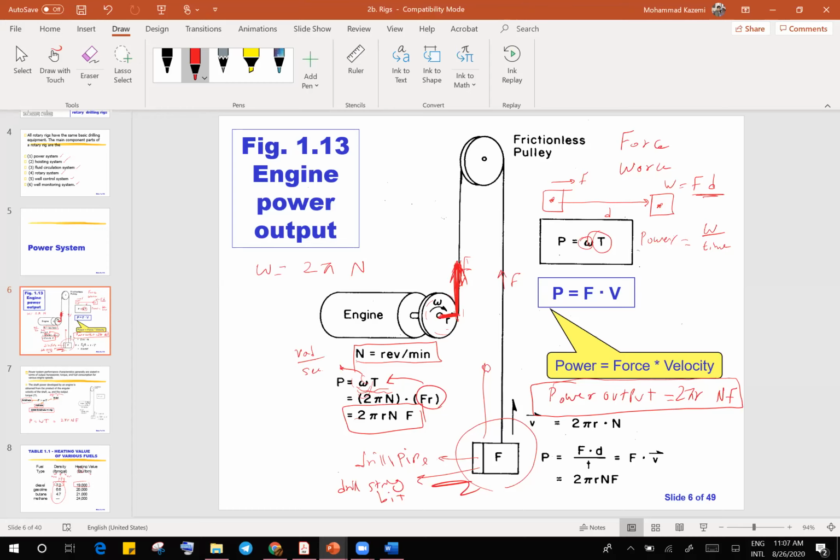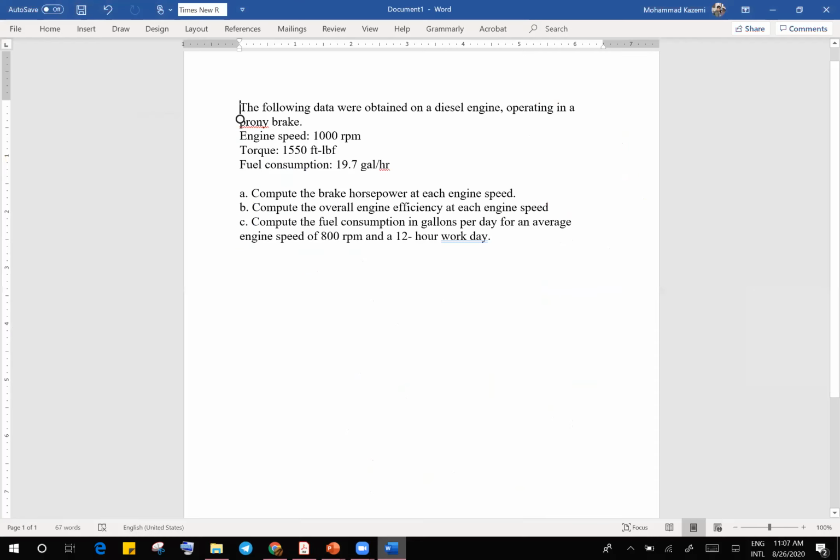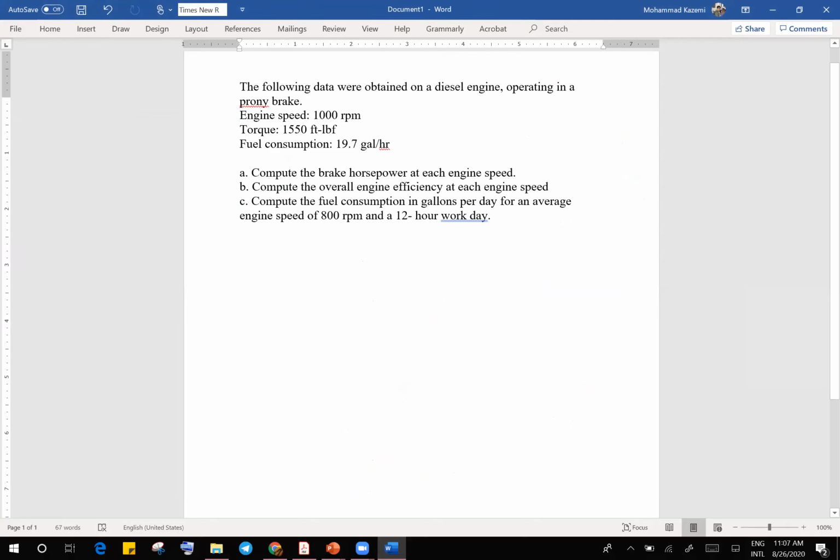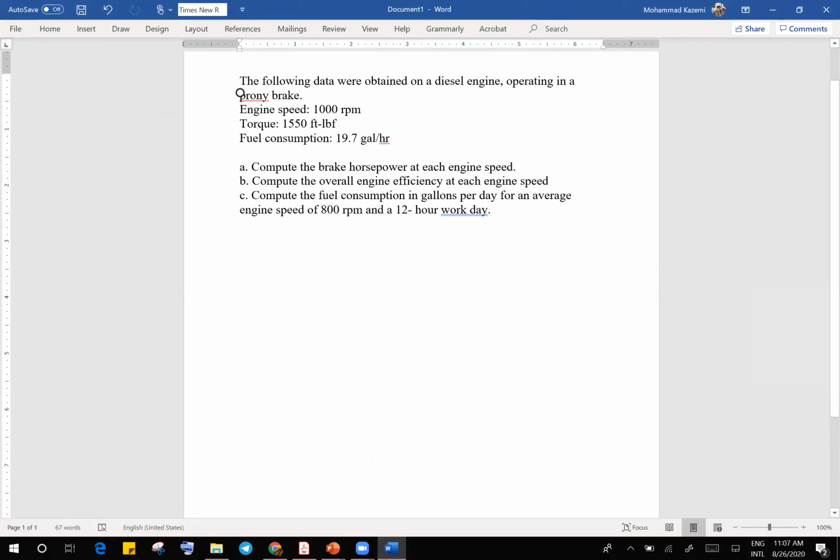That's the first thing that we want to calculate here, right? So we have the engine speed, 1000 RPM. Which of those symbols that we just talked about is 1000 here?